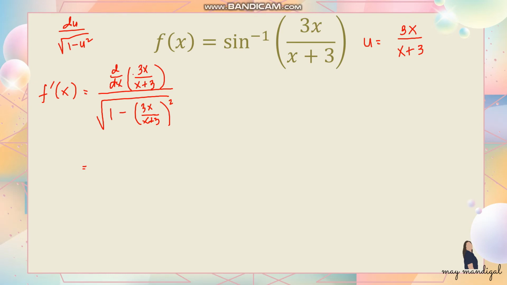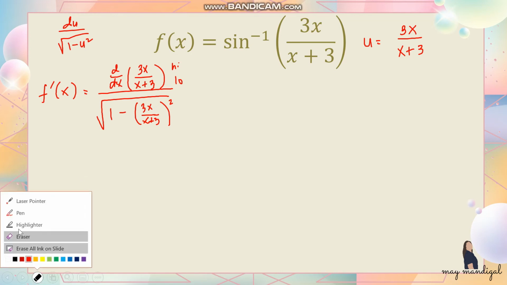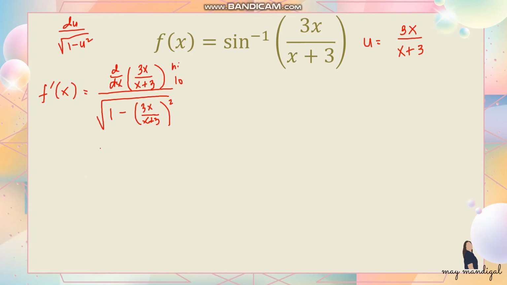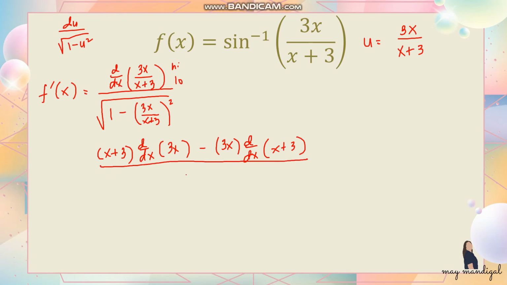That means we have to apply the quotient rule. So this is our high, this is the low. So let's apply now the quotient rule in our numerator. So let's now write low d high minus high d low all over low squared.